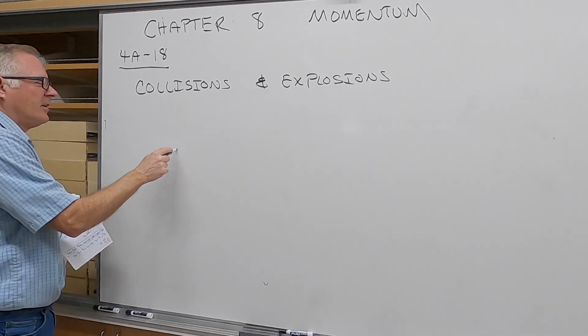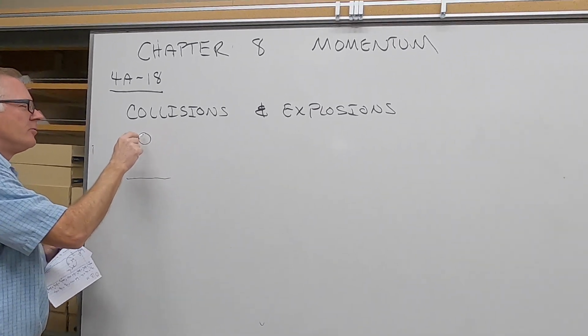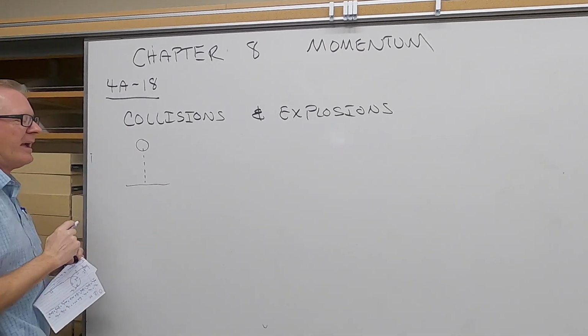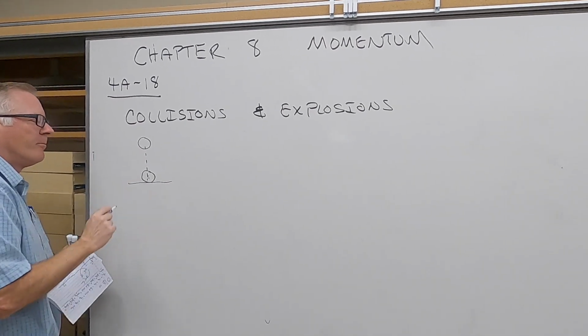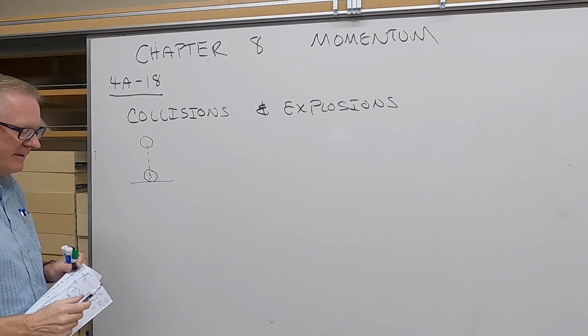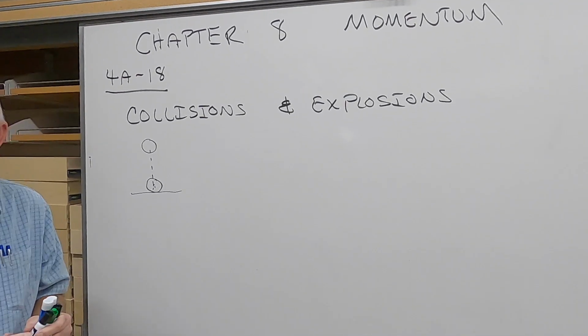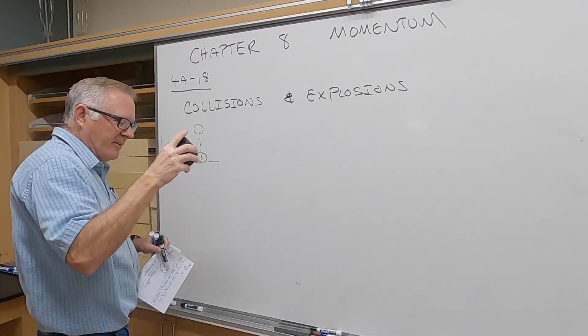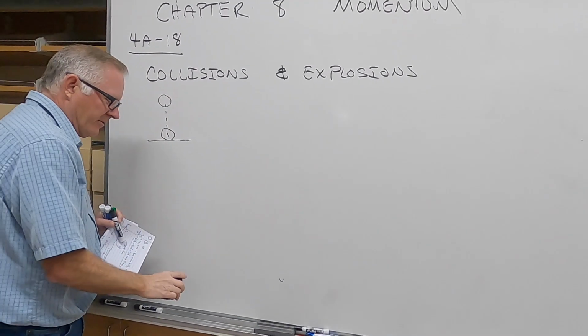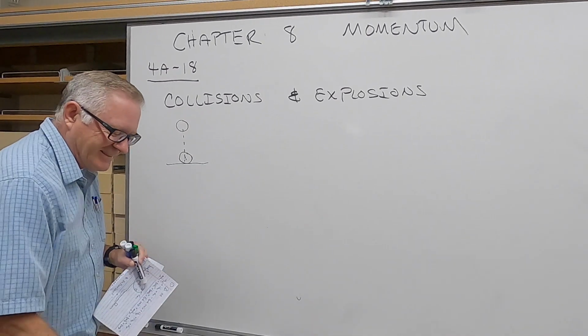Let's just say we have a ball and we just drop it and it hits the ground, and we ask, what is the force on the ball when it hits the ground? That is, if I just dropped this object on the ground, what would the force be when it hits the ground?